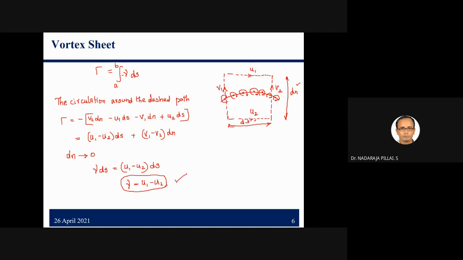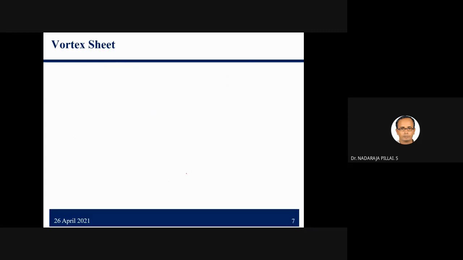So this is for a vortex sheet I have taken. Now the real problem comes. Let us consider an airfoil with an arbitrary shape and having a thickness, and it is subjected to a free stream velocity V infinity. One can define the gamma in that case also as the integral of gamma into ds.